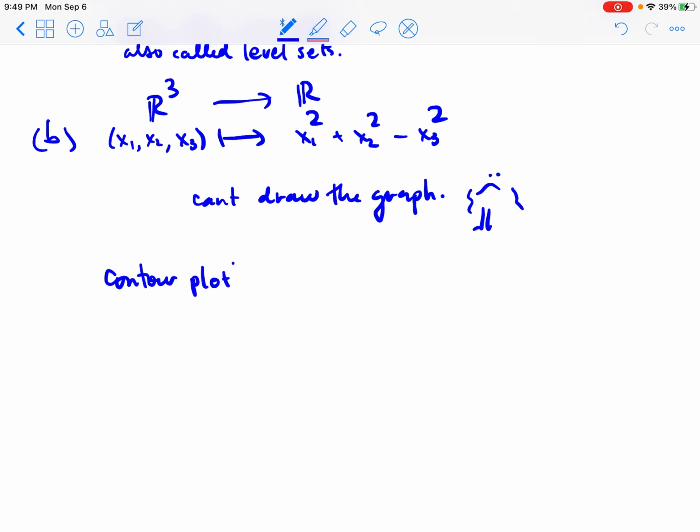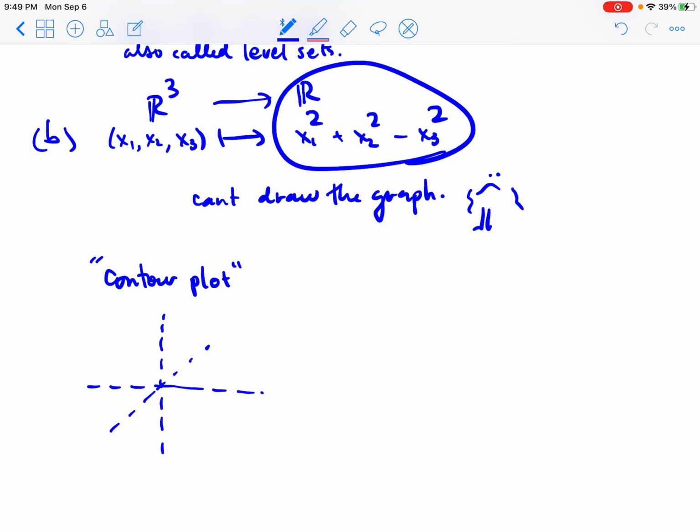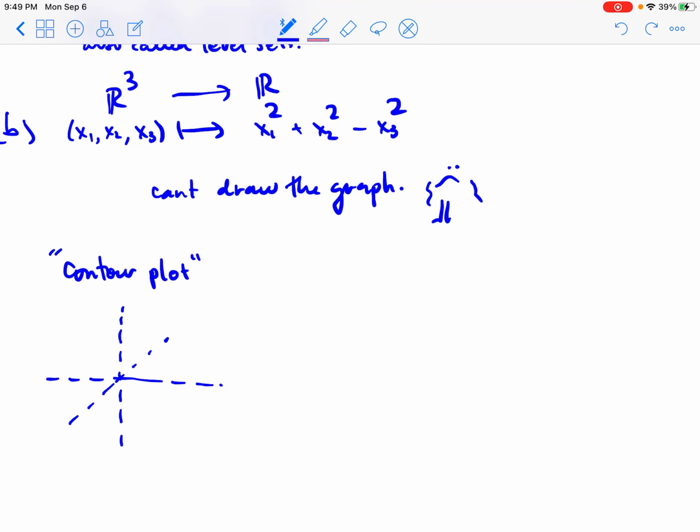But now the contour plot. Contour plots are usually thought of as happening in the plane, but in this case the input space is R3, so actually this contour plot is occurring in R3. And what do we draw for a contour plot? We draw the preimages of specific outputs.